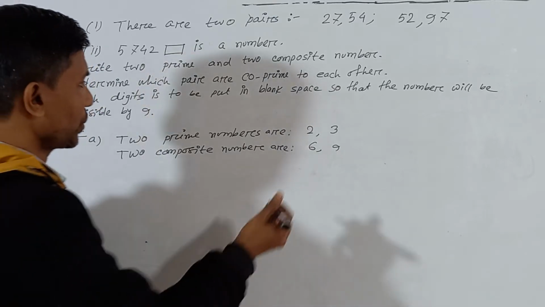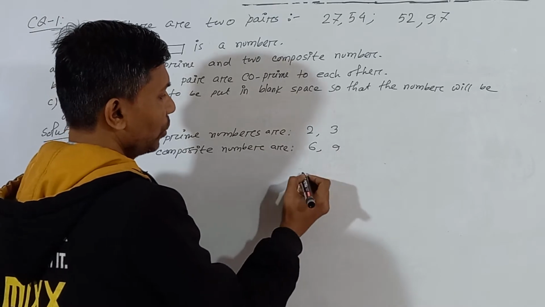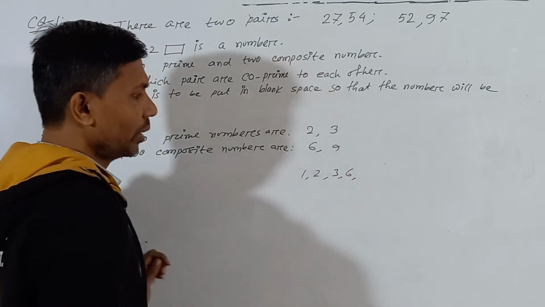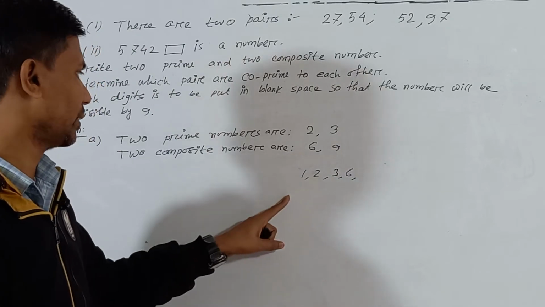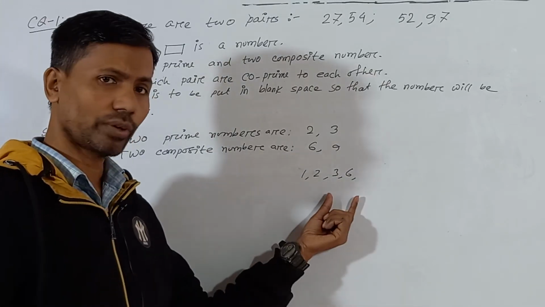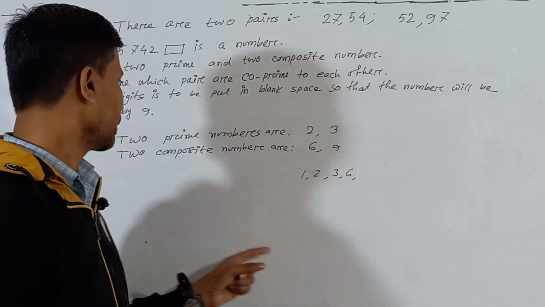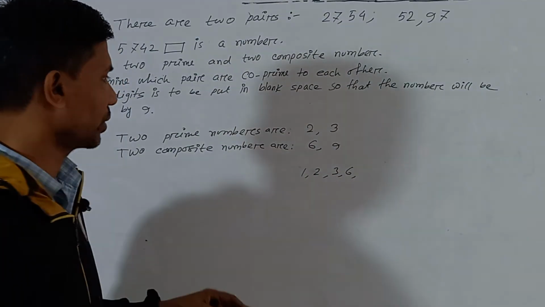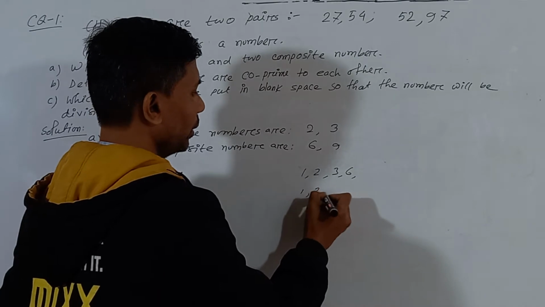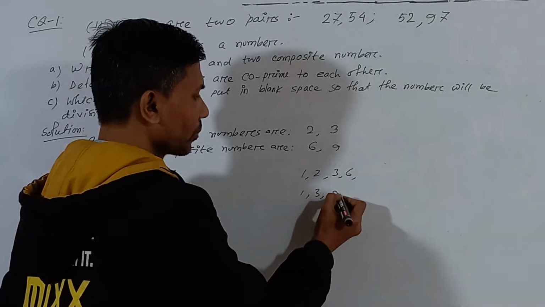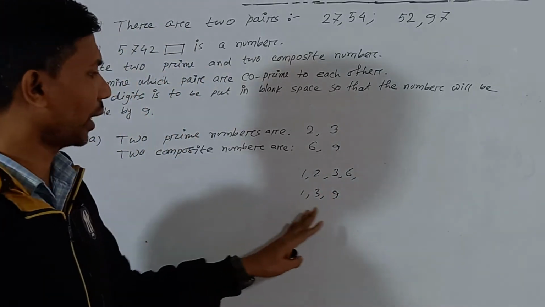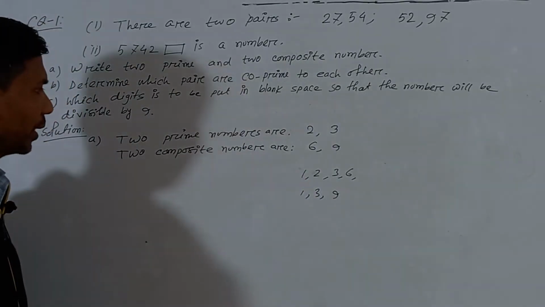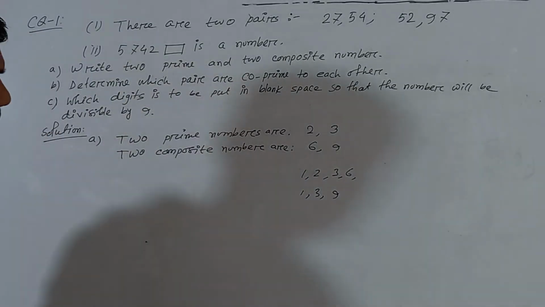You see, suppose 6 has factors 1, 2, 3, 6. That means 6 has more than 2 factors. So 6 is a composite number. Similarly 9, its factors are 1, 3, 9. That means its factors are more than 2. Therefore we can say 9 is also a composite number.